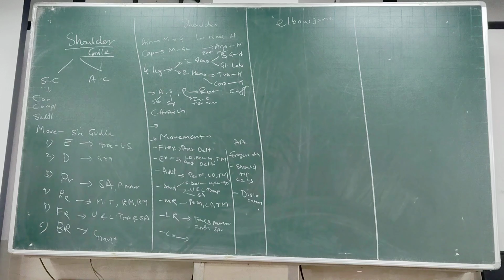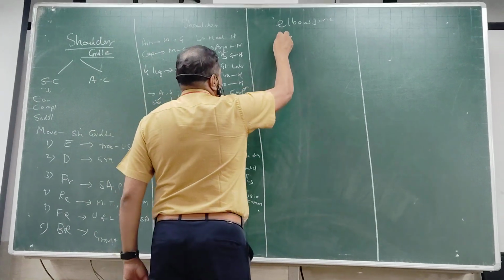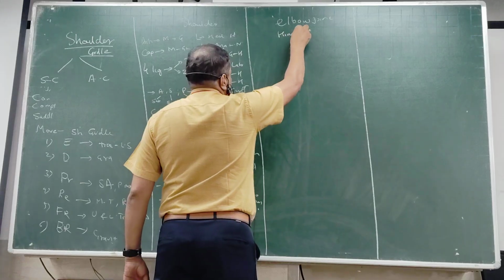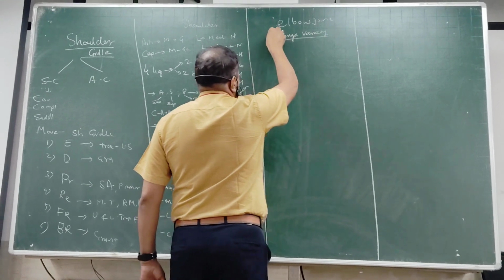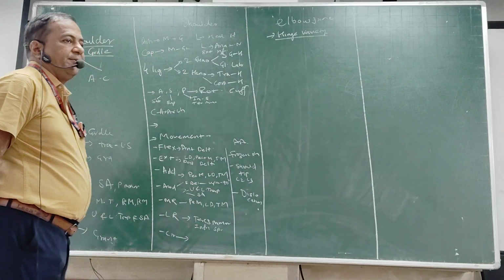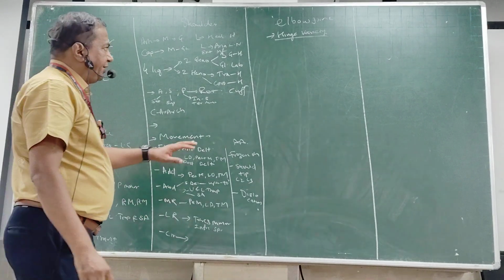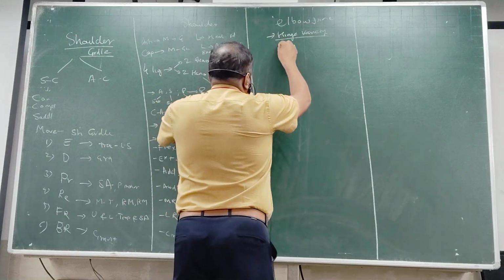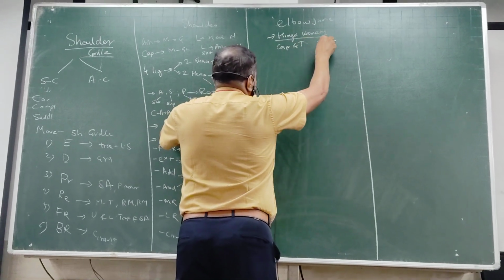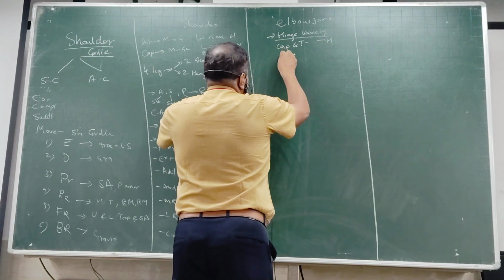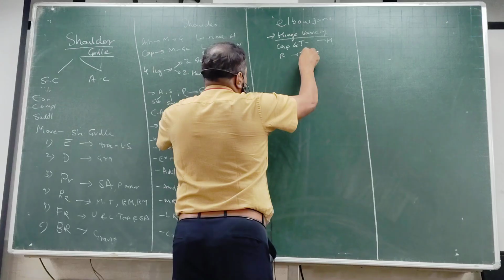Elbow joint is a joint of hinge variety, where superiorly there is the capitulum and trochlea of the humerus, and inferiorly there is the head of the radius and trochlear notch of ulna.